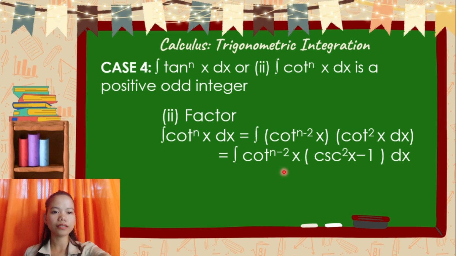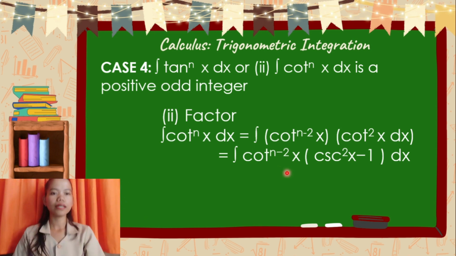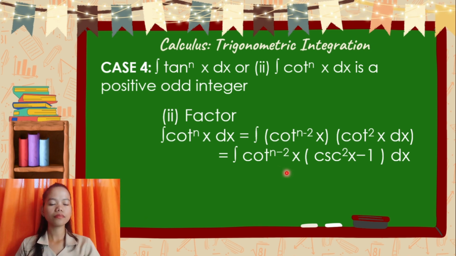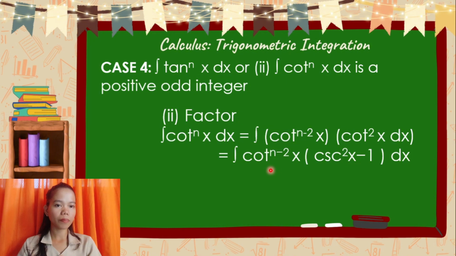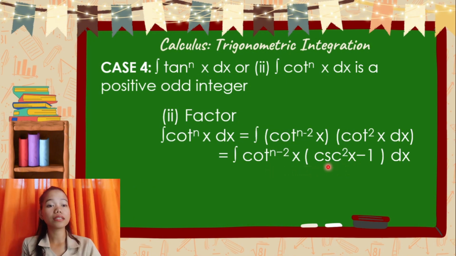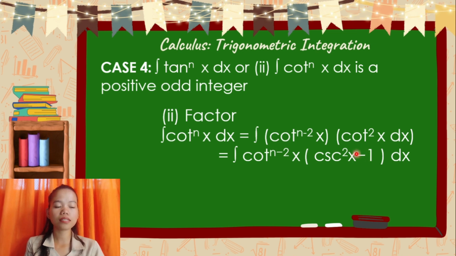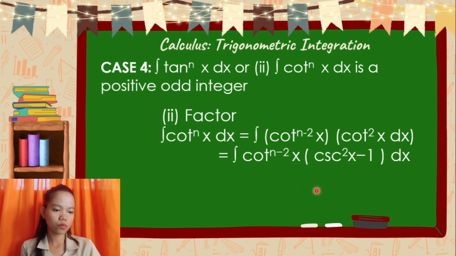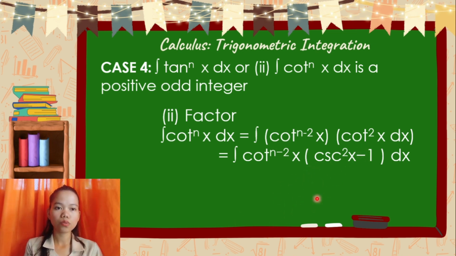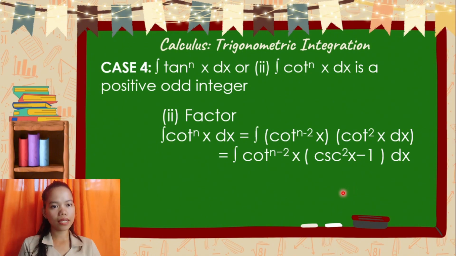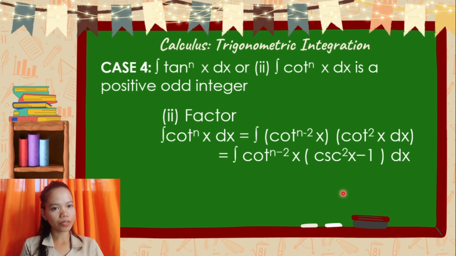We have now the integral of the cotangent raised to the power of n minus 2 of x multiplied by the identity of cotangent squared of x, which is the cosecant squared of x minus 1 dx. So to further understand case number 4, I've prepared an example.